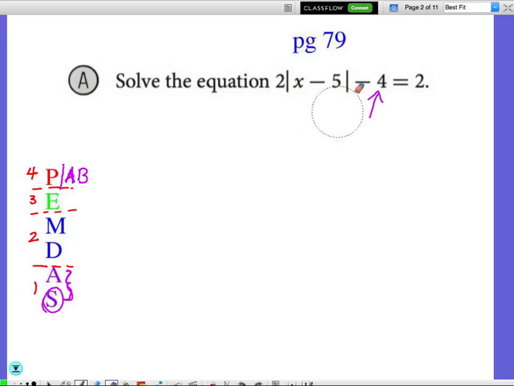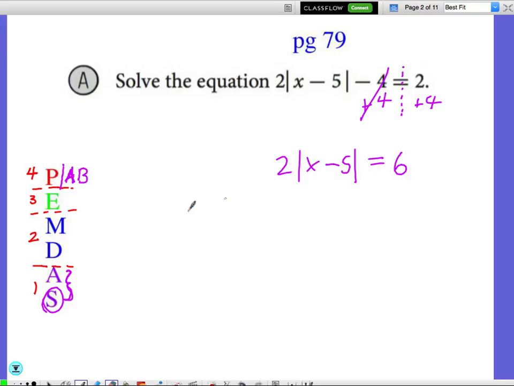And what is the opposite of subtracting 4? Well, that's going to be to add 4. So whatever I do to one side, I have to do to the other. So minus 4 plus 4, that goes away. All I have is 2 times the absolute value of x minus 5 is equal to 2 plus 4. Well, that is going to be 6.